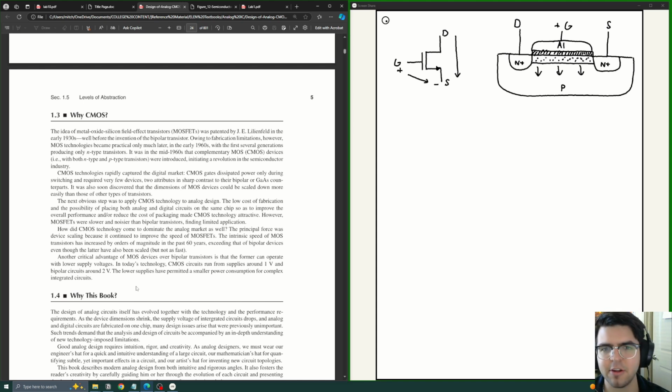Which you'll see later in the IV curves. So if I had to summarize the difference between these two devices, I think BJTs have generally better analog performance. They're more desirable for power circuits, and they're generally faster than MOSFETs because they don't have a gate capacitor. But MOSFETs can be scaled to much, much smaller individual devices. They work at much smaller voltages and are also much cheaper to fabricate.